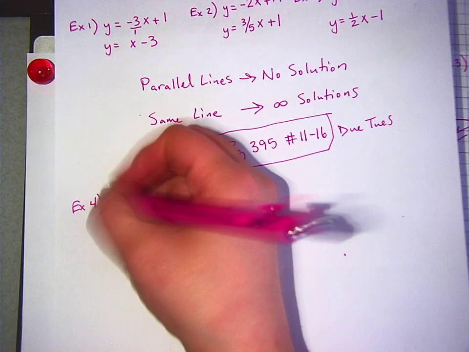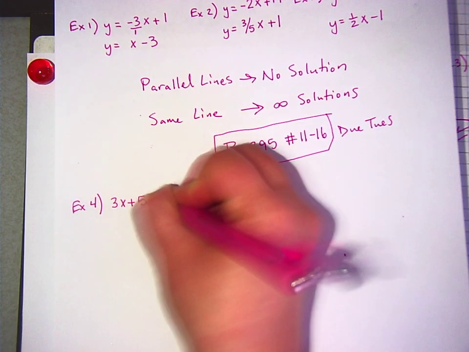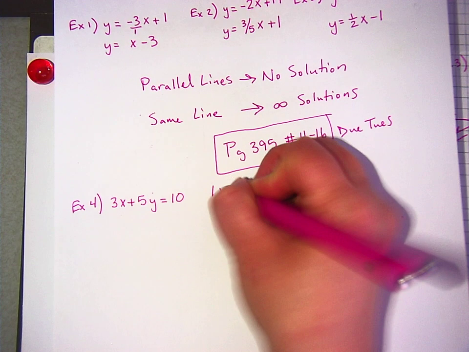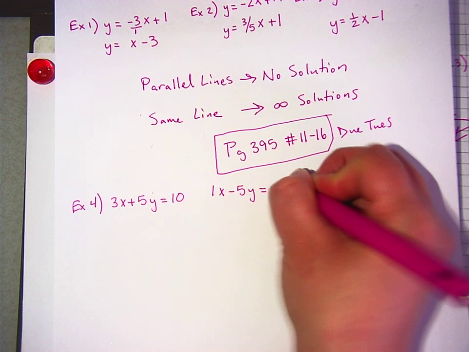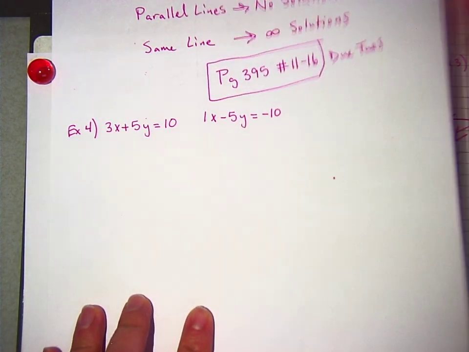Everybody write 3x plus 5y equals 10, and 1x minus 5y equals negative 10. And we're going to see where those two lines cross.